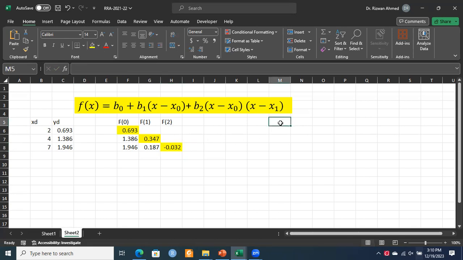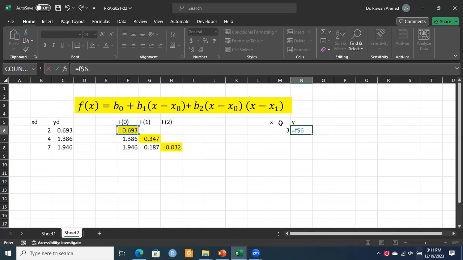And now for any interpolation value, let's define some points x and their corresponding approximate values. So for example, if I require an interpolation value for 3, it should be computed as b naught. So I can write b$6. So this is b naught.